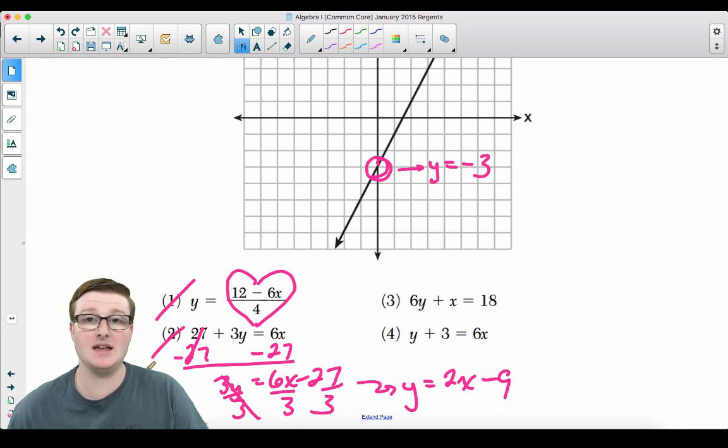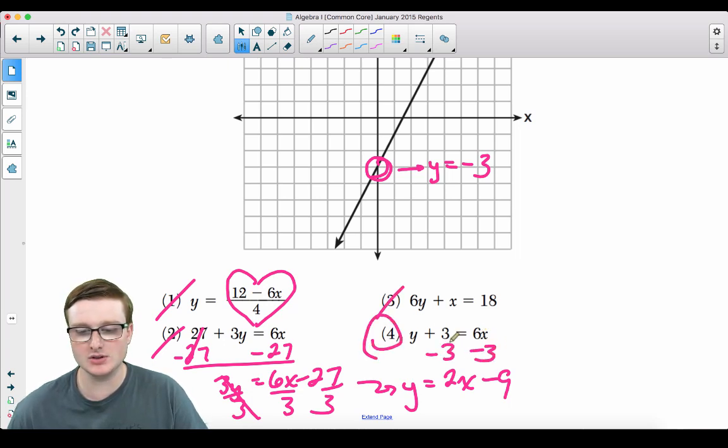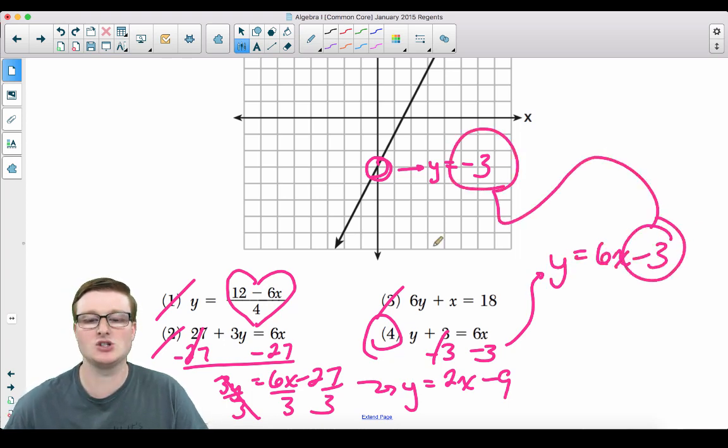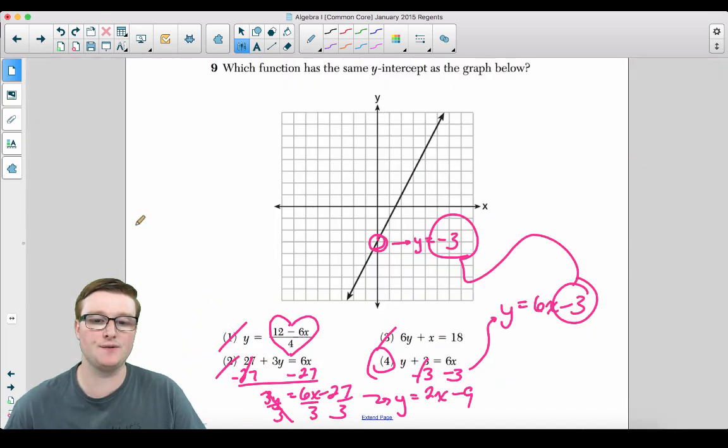So that can't be the answer either. This one over here has a y-intercept of, again, 3. If you divide by 6, 18 divided by 6 is 3. That's positive. If you subtract the 3 on both sides, there it is. You get y is equal to 6x minus 3. There's your y-intercept. It matches over here. Your answer is choice 4.